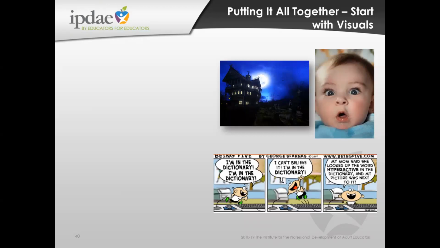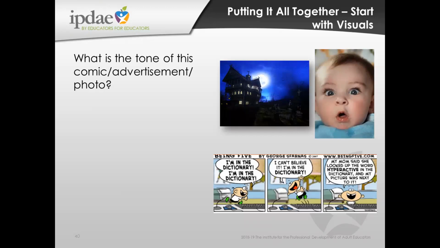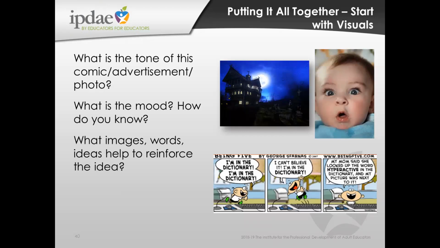So as we're looking at comics, advertisements, photographs, think about some of the questions that you'll want to use as you're starting with visuals, such as just specifically, what's the tone? What's the mood, and how do you know? What images, words, ideas help to reinforce?